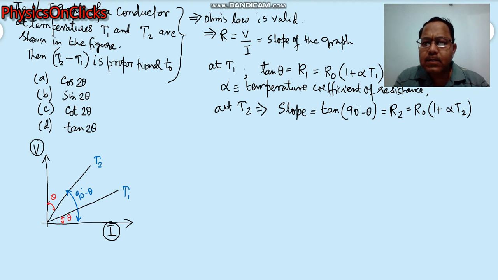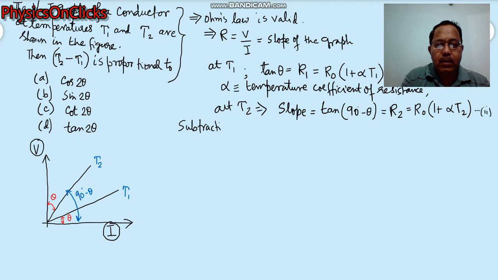Now they have asked that T2 minus T1 is proportional to something, so I need to actually subtract. If I take this as the first expression and this as the second expression, then if I subtract, I will get an expression for T2 minus T1. So I will be subtracting the first from the second.